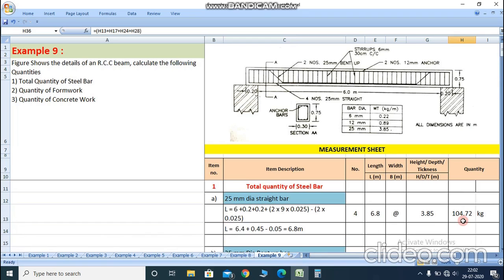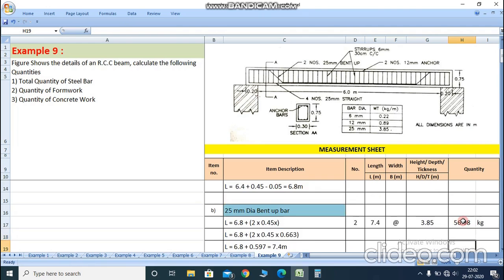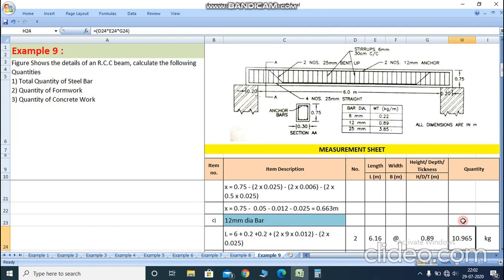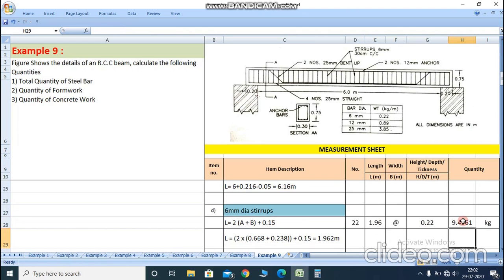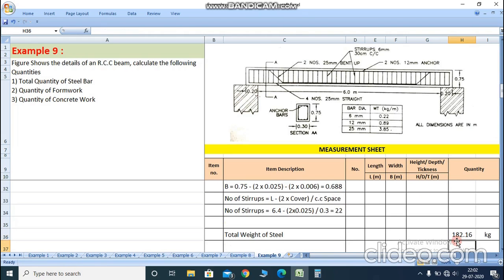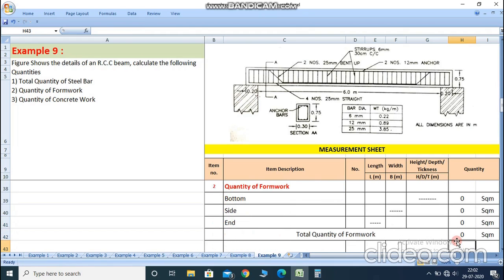First we calculated the 25 mm diameter straight bar, 104.72, then the 25 mm diameter bent up bar, 56.98, plus the 12 mm diameter anchor bar, 10.965, and the 6 mm diameter stirrup, 9.4961 kg. Summing all four values, we got a total weight of steel of 182.16 kg. Now we calculate the quantity of formwork.